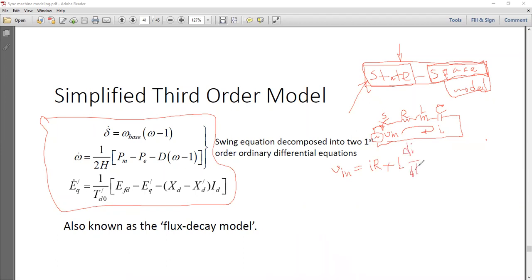Excellent. Why are we taking this form? Why not simply j XL into I? Because we are looking at the switching transient, so the current hasn't reached its steady state yet. Across the inductor there will be some d by dt of the current, because current cannot change instantaneously through the inductor.